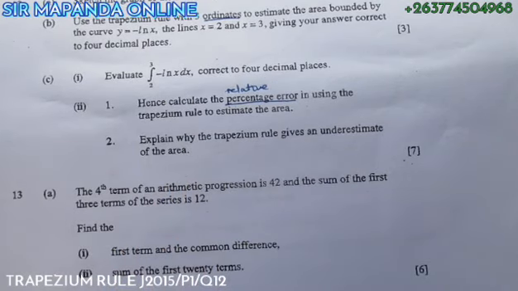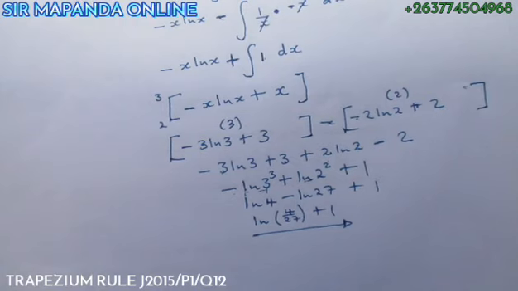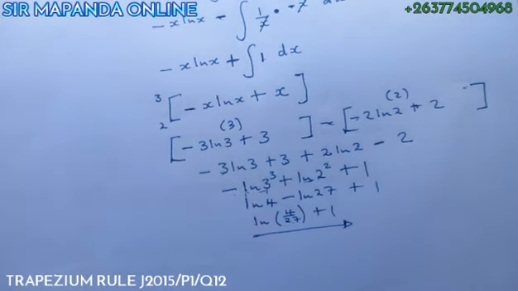Right, so according to the instruction of the question, evaluate the integral of minus ln x, correct to 4 decimal places. So this exact value, which is ln 4 over 27 plus 1, we want to put it to 4 decimal places. So we are saying ln 4 divided by 27.